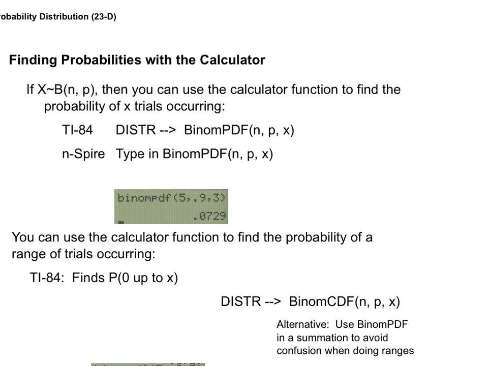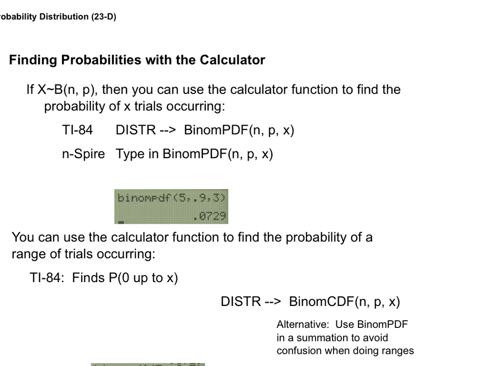Now, what I want to look at here is how to do this on the calculator. You'll see here on the TI-84, does anyone have the Nspire? On the Nspire, you're probably better off just typing in binom PDF.